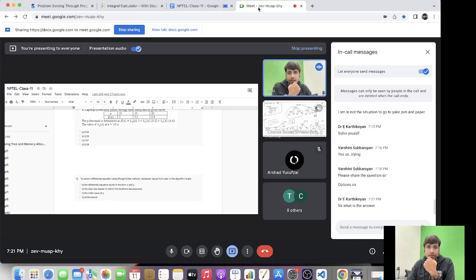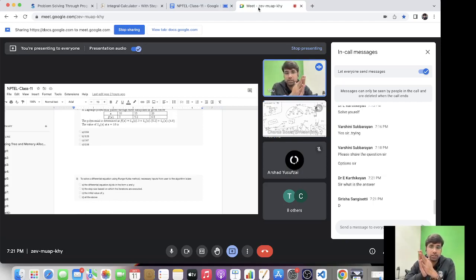So now we will look into the third question. To solve the differential equations, okay, Sirisha is saying it's D. Why? Can you unmute yourself and tell other people also why it is D?